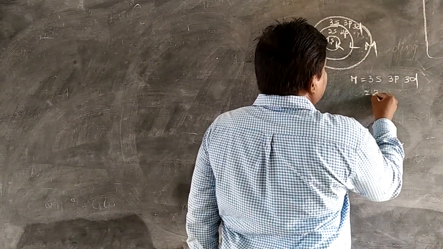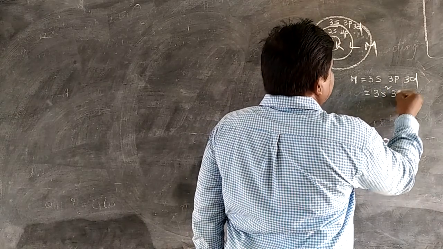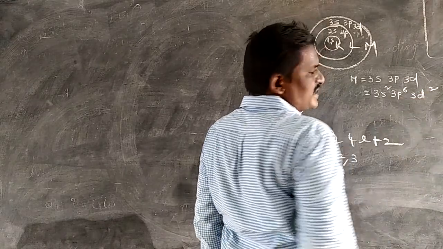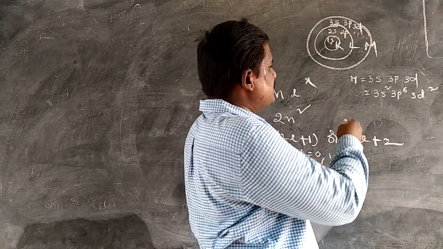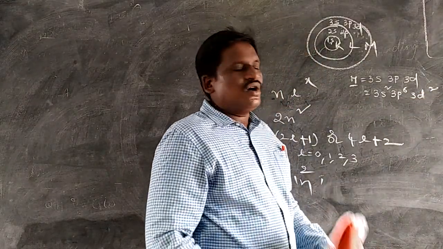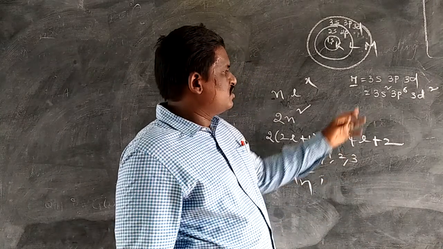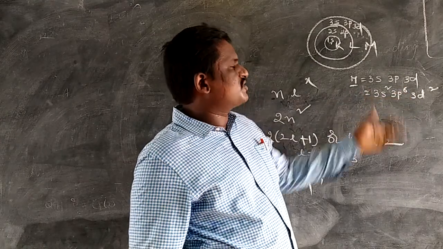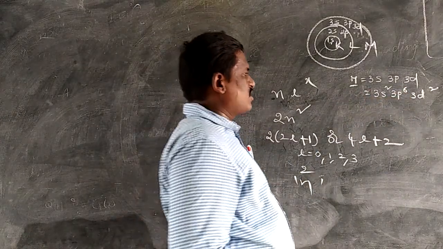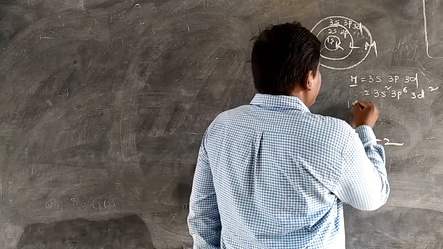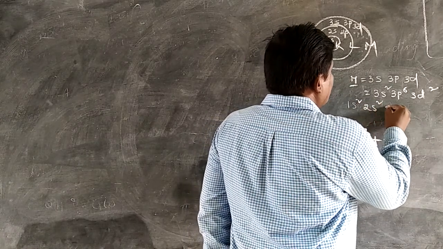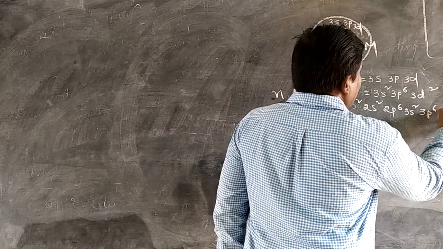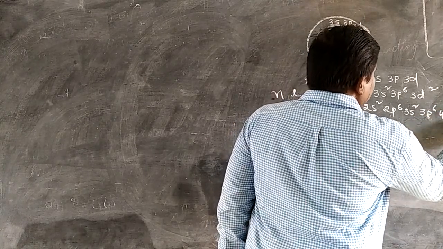Maximum electrons: 3s 2, 3p 6, 3d 2. 6 plus 2 is 8, 8 plus 2 is 10. According to the above principle, the 3d subshell enters after the 4s subshell. Now the configuration is 1s2, 2s2, 2p6, 3s2, 3p6, 4s2, after which 3d2.